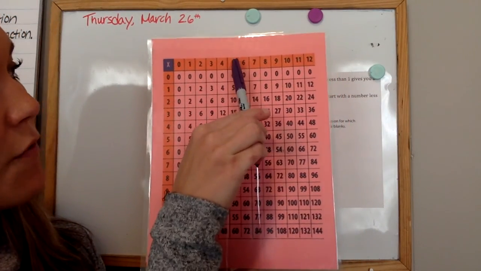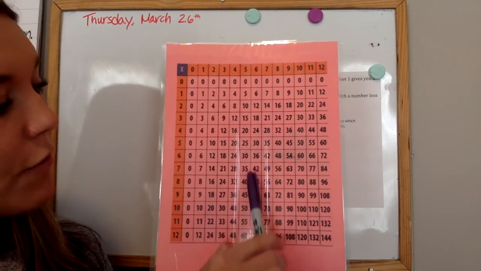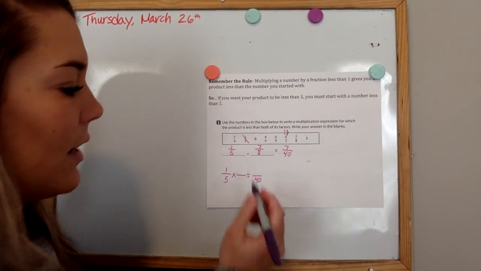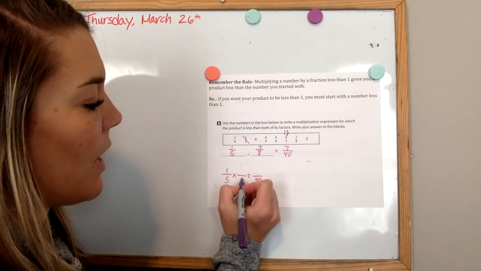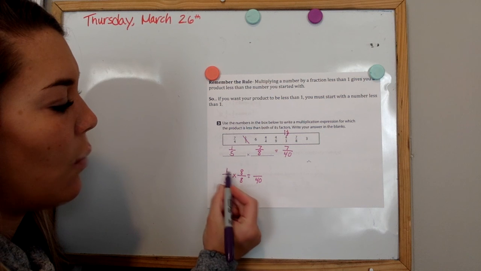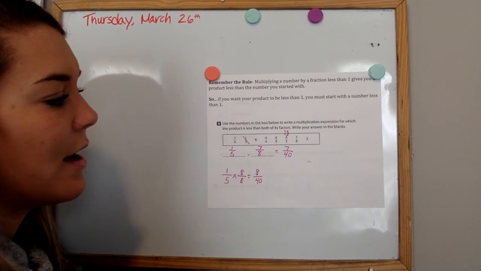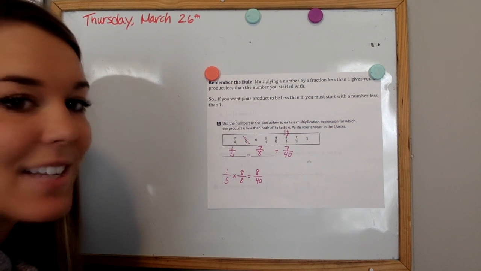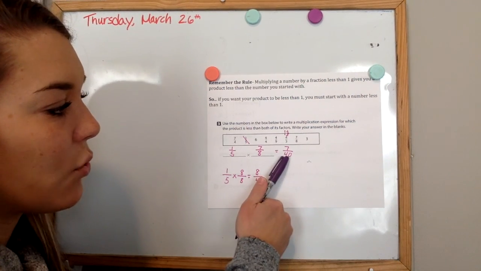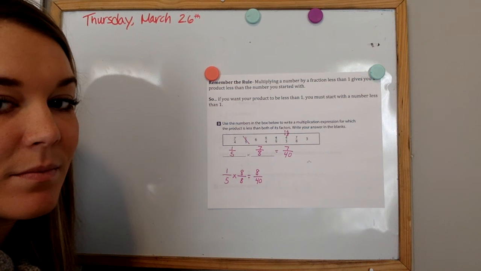How many times does 5 go into 40? Ooh, that goes in 8 times. So I'm going to multiply 8 over 8, because 5 times 8 is 40, 1 times 8 is 8. Oh, shoot. So this answer doesn't work because 1/5 is greater than the answer.